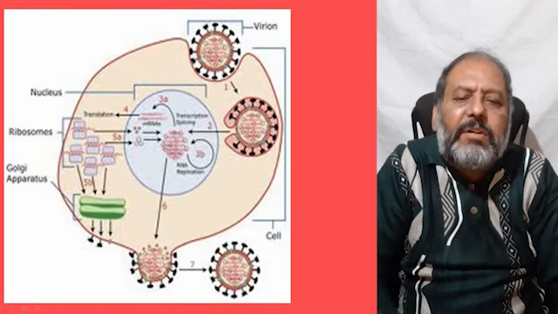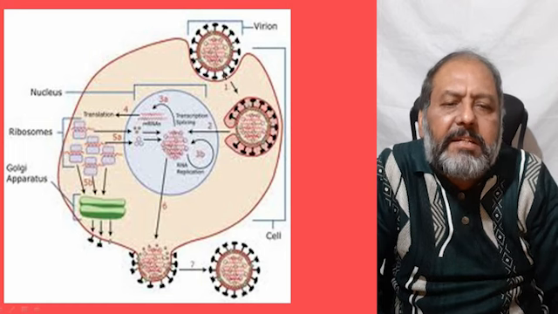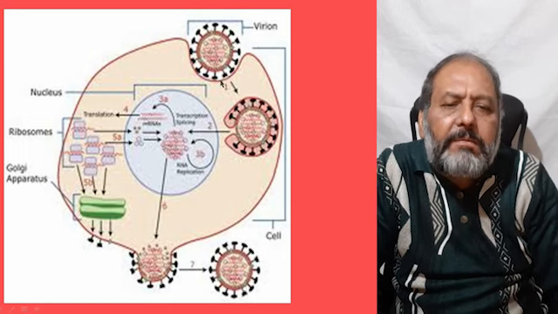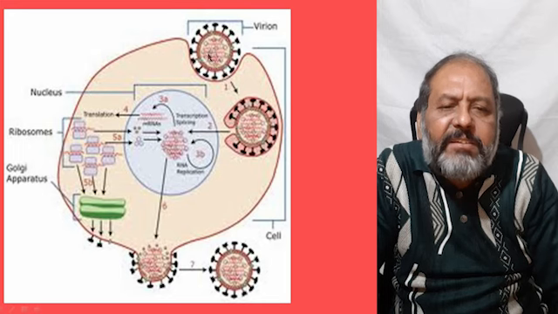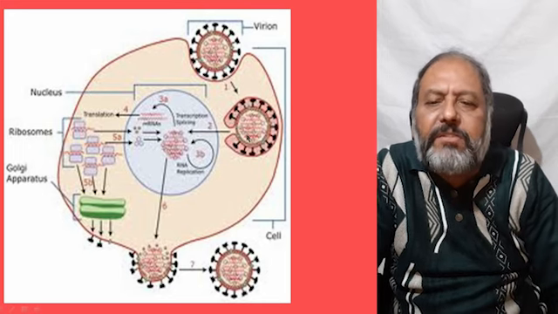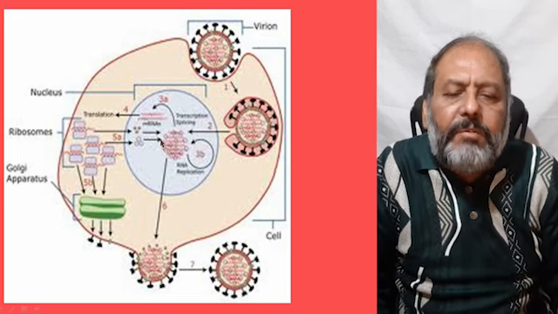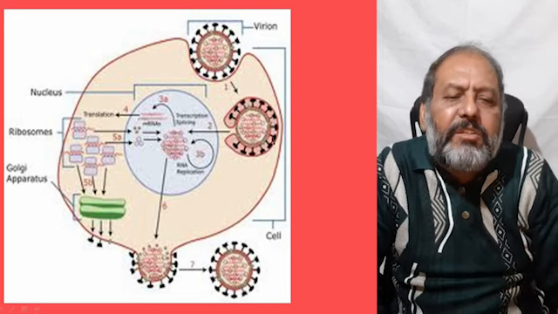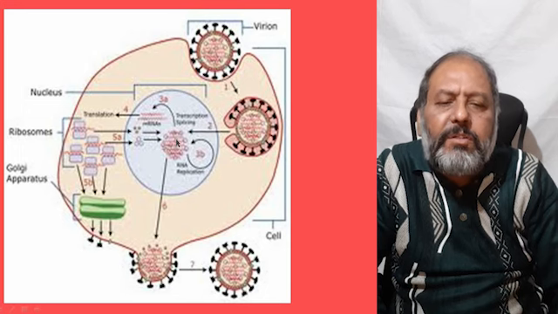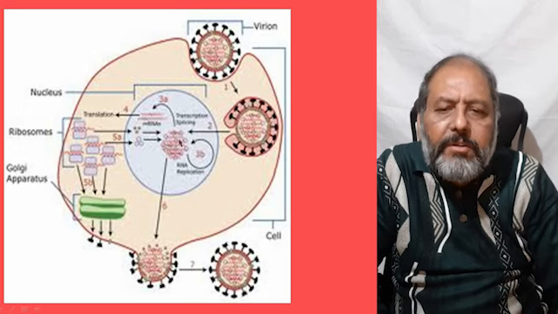So here one can see the virus, through its spikes, attached to the host cell, and then it enters and fuses into the cytoplasm of the infected cell. Here is the nucleus of the host cell, and the virus genome merges with the genetic material of the host cell nucleus.